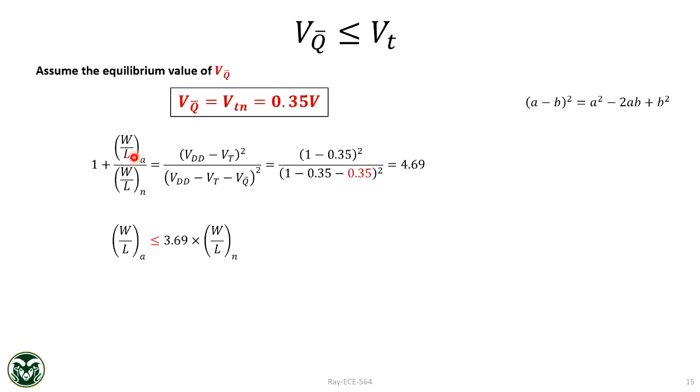How this equation is derived, you can find out from that. And second, you are allowing VQ bar to rise to the threshold voltage. You are allowing the node to rise; it's not 0 or very close to 0. So the more you allow it, the higher this ratio will be.